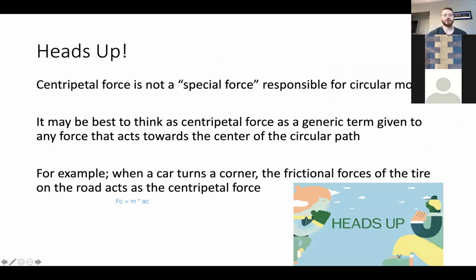And I just wanted to clear up a potential confusion. The centripetal force is not a special force that's responsible for circular motion. It's more of a general term given to any force that acts towards the center of a circular path.